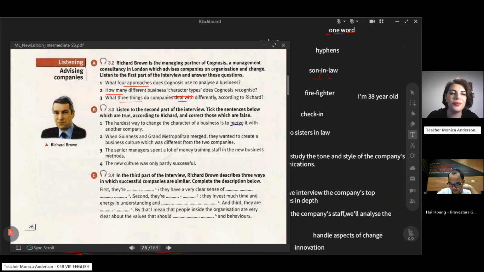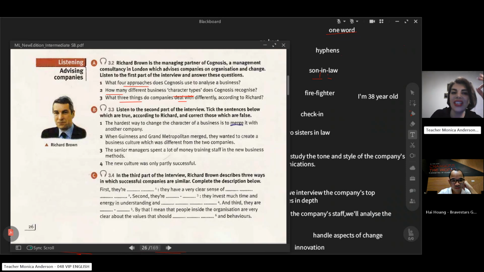They did that by laying out a very clear vision. They were very specific about how the new business would be run. They laid out clear values and ways of working for staff, and they backed this up with a huge investment in staff training. So the third one: the senior manager spent a lot of money training the staff a new business method.